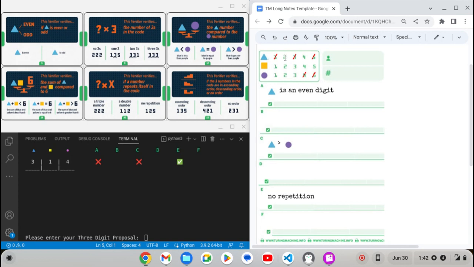So it would have to be triangle 2, circle 1, and then it could be a 3 or 4 or 5, and then a 1. So there would be, well actually, it couldn't be 2, 1 because there's no repetition. Yeah, it would have to be 2, 3, 4, 5, and then the 1.